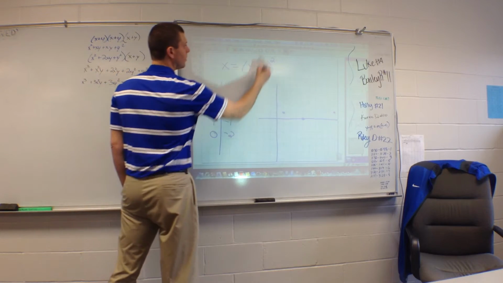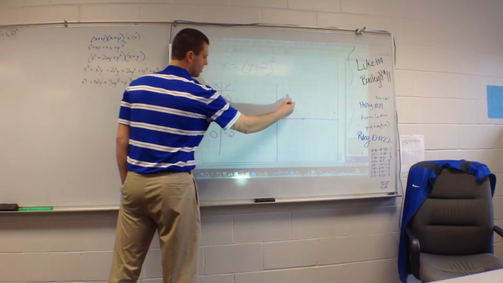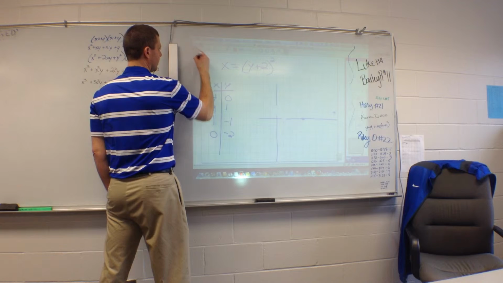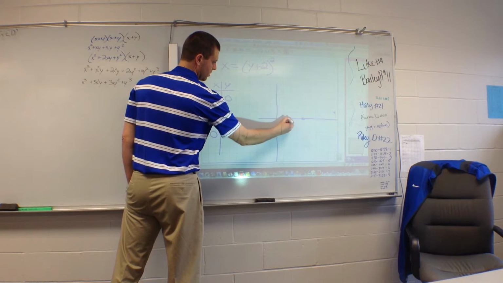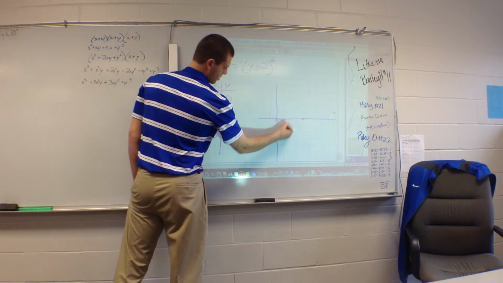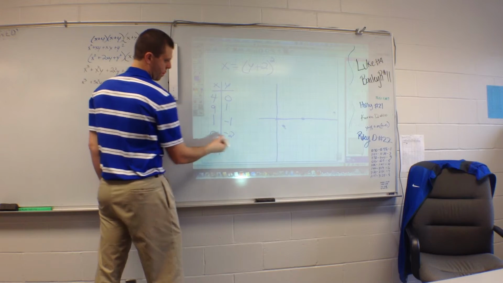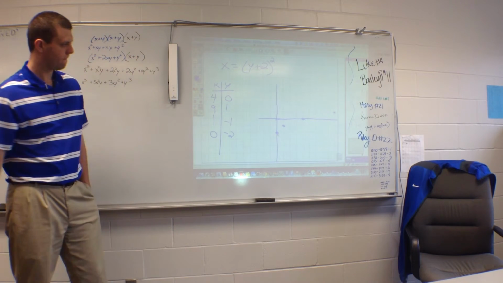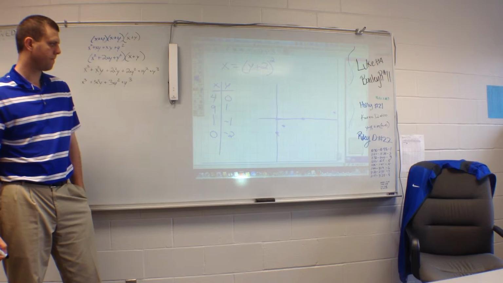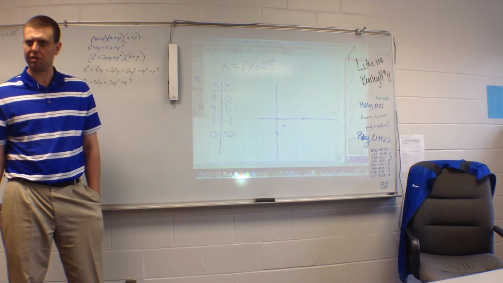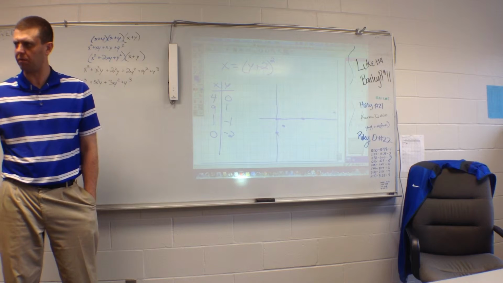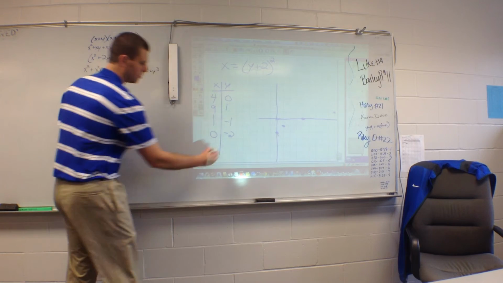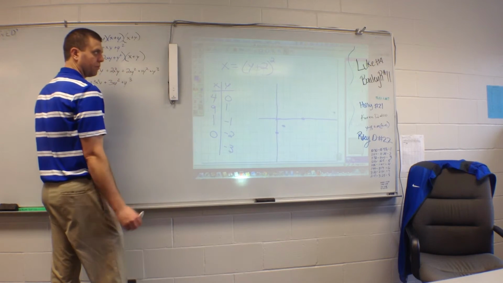Wait a minute. Don't really look like I have a parabola yet. Let's keep going. Negative 3 for y gives me.